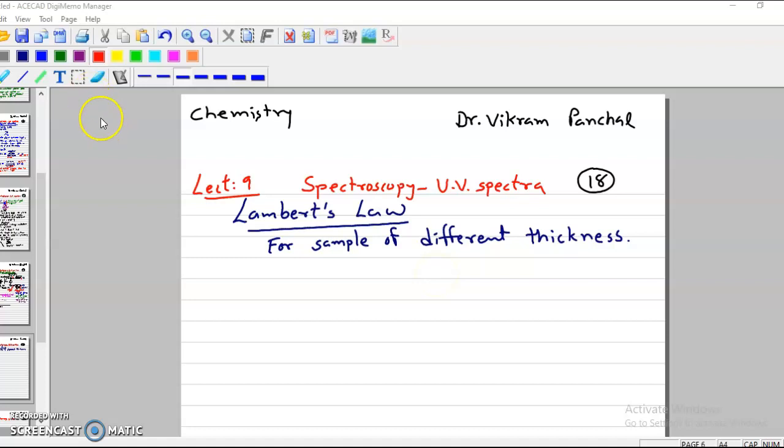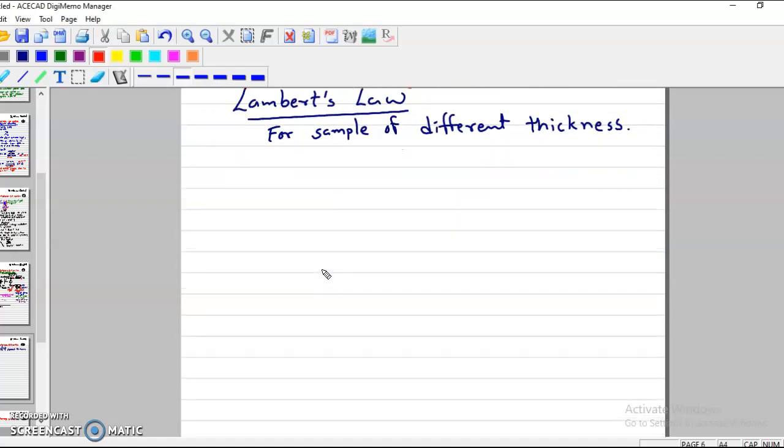Normally, when we take a sample of a solution, for example like this is a cuvette in which we will fill a solution of particular concentration.